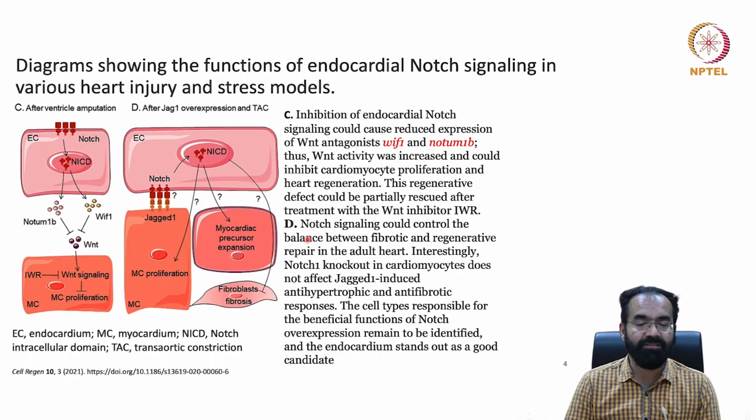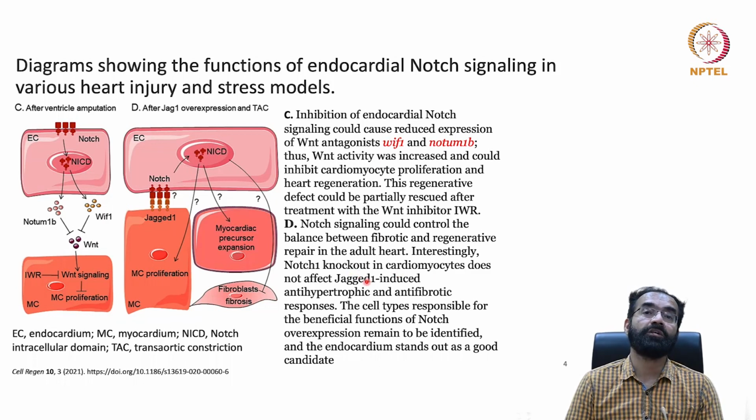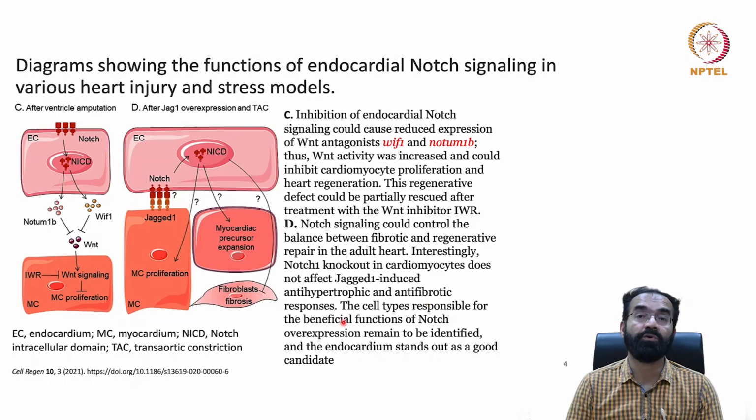So in panel D, what you are seeing is that Notch signaling could control the balance between fibrotic and regenerative repair in the adult heart. Interestingly, what we should note is that if you knock out Notch1 in cardiomyocytes, it does not affect the Jagged1-induced anti-hypertrophic and anti-fibrotic responses.